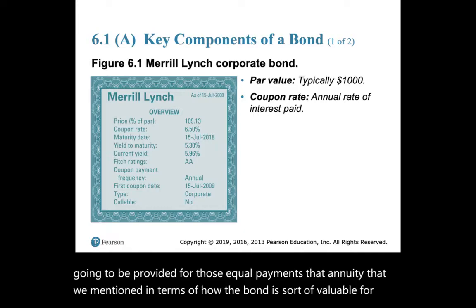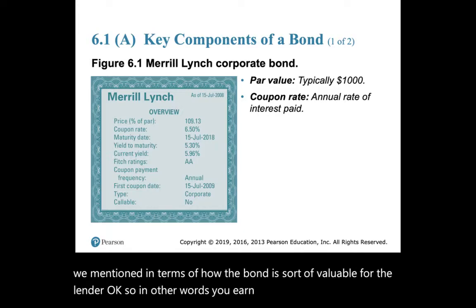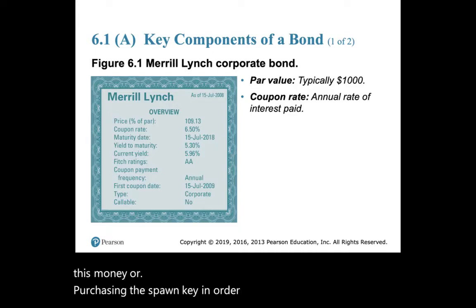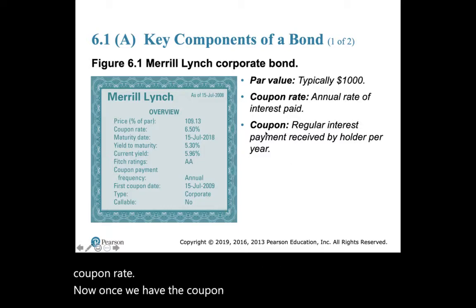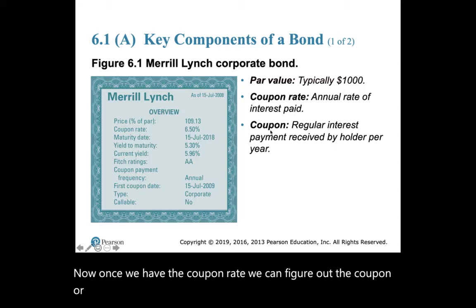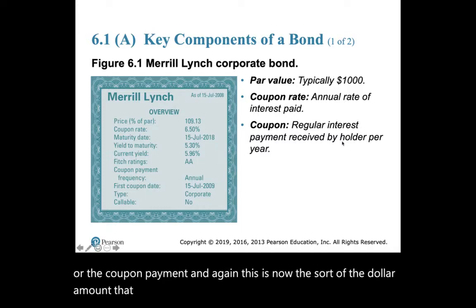So in other words, you earn interest when lending out this money or purchasing this bond. In order to do that, we need to know the coupon rate. Now, once we have the coupon rate, we can figure out the coupon payment. And again, this is the dollar amount that the holder will receive with those periodic payments.